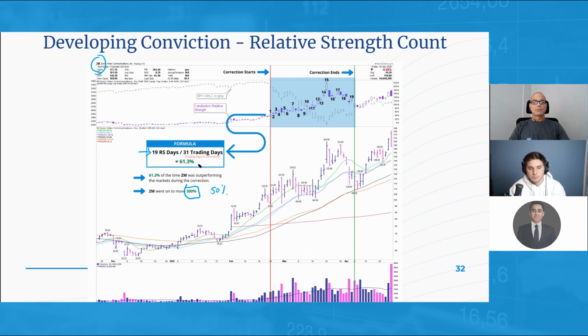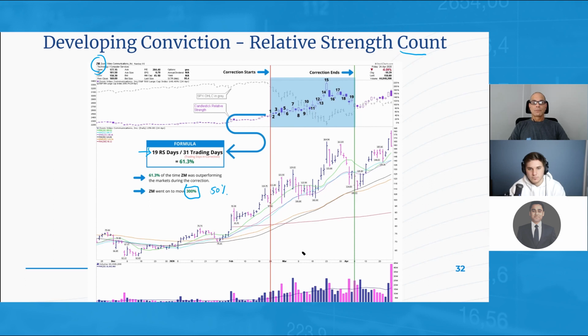That's 61% of the time ZM was trying to fight the market trend. And that's basically what the relative strength count is trying to cover: 61% of the time ZM was outperforming what the market was trying to do.